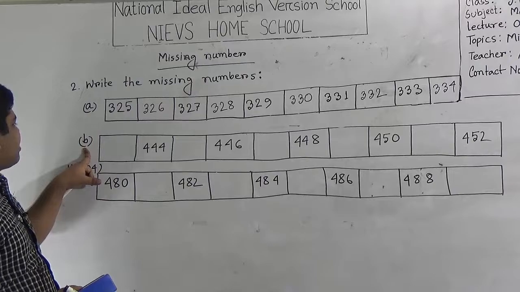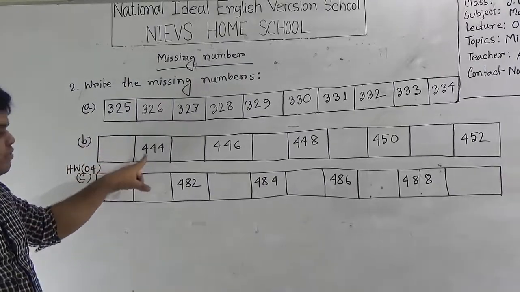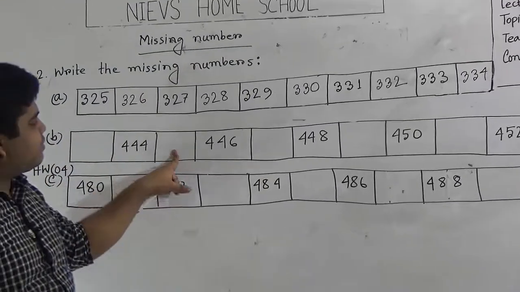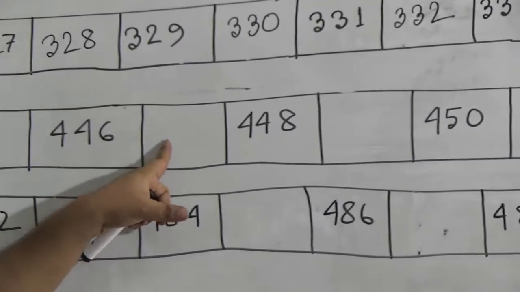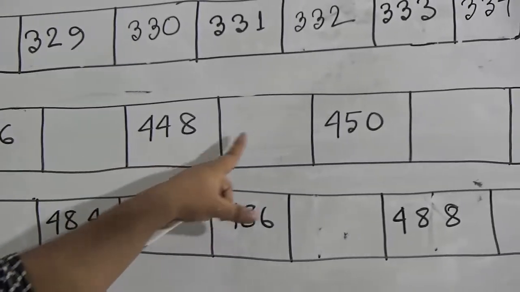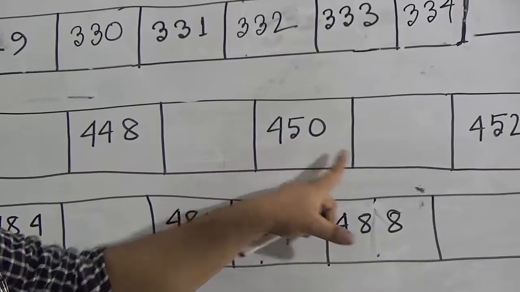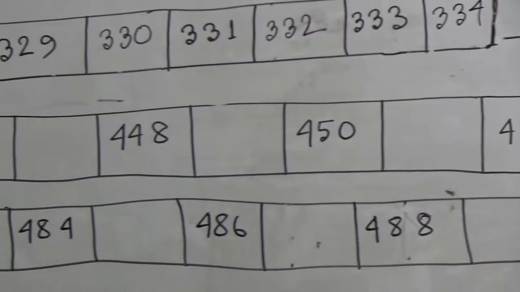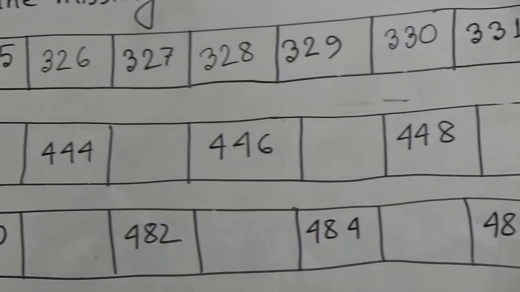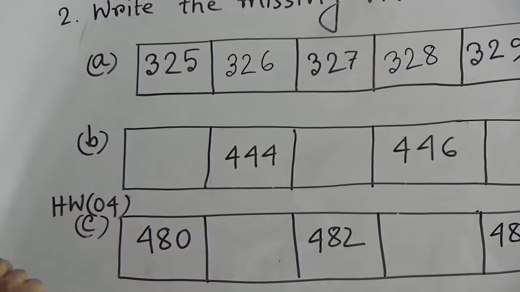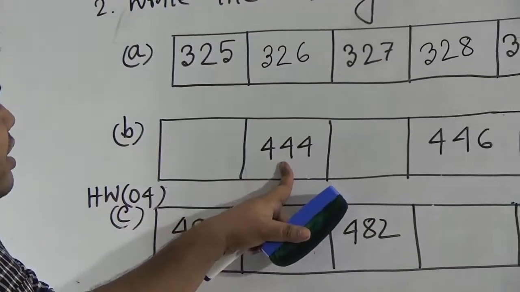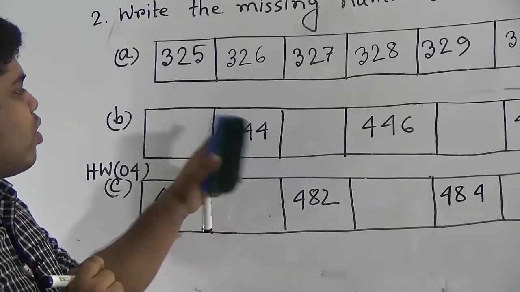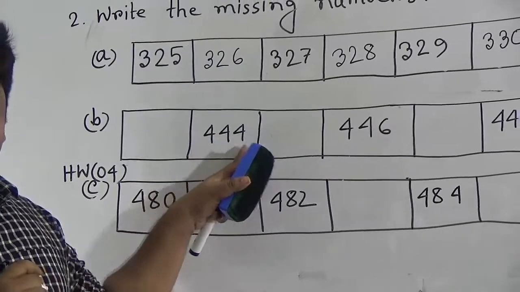So question B is gap, 444, gap, 446, gap, 448, gap, 450, gap, 452. So what will be the number in the first gap? Here the next number is 444. What is the previous number of 444?